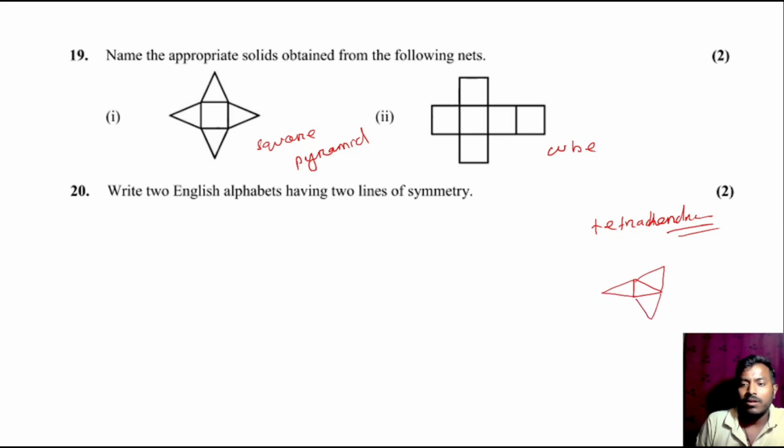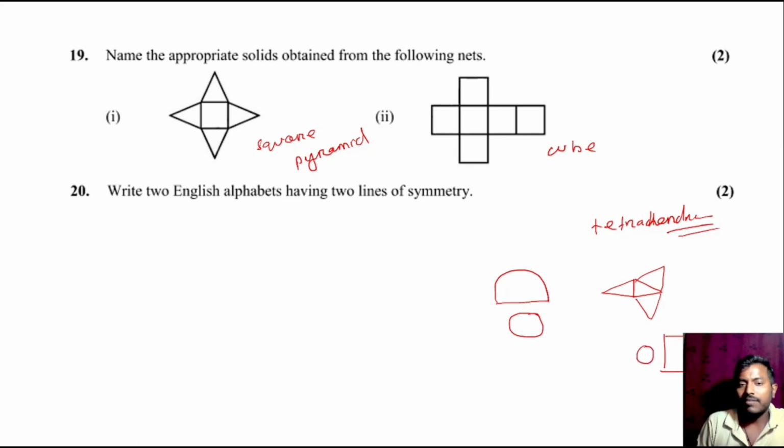Okay. And a cone: a cone has one semicircle. Okay. Then a cylinder has one rectangle and 2 circles.